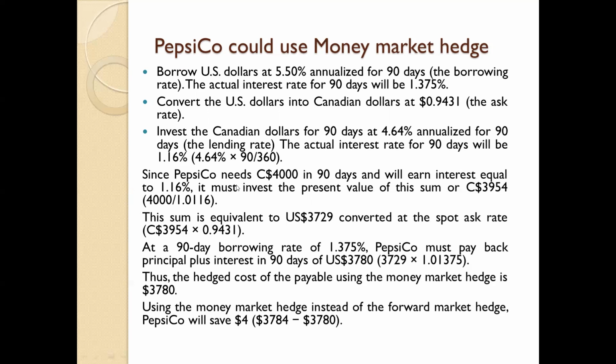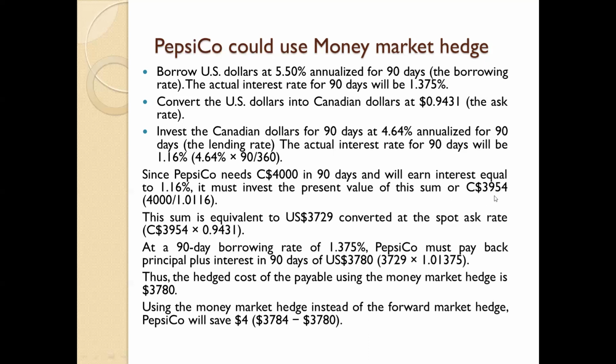Since this importer needs Canadian dollar 4,000 after 90 days, what would be the present value of that amount if invested at a rate of 1.16%? The $4,000 is the future value, so what is the present value?